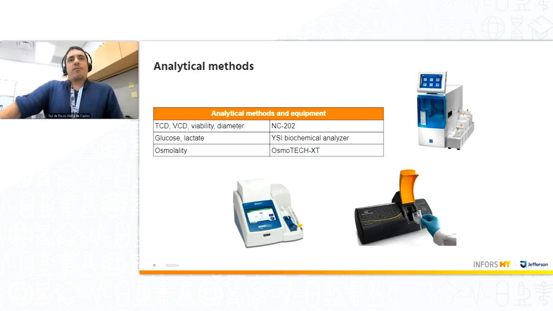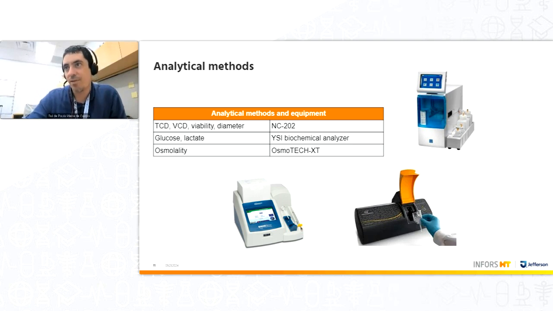For these experiments, we analyzed cell density and viability using the NucleoCounter NC-202. We analyzed glucose and lactate using the biochemical analyzer WISE, and osmolality using the Osmotech XT equipment. The osmolality measurement can help you understand if you have different levels of evaporation happening in your cell culture.